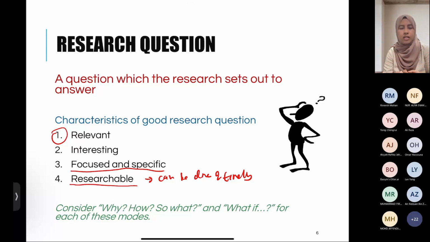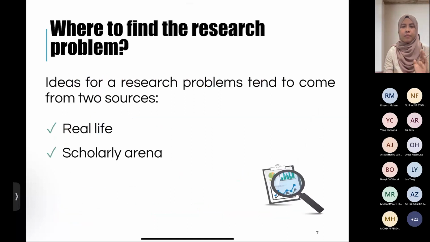Make sure that the research question is researchable, and also timely. Consider also why, how, so what with this, and what if this thing is changing. You need to be able to justify that whatever you are doing later on is worth being done. So that's why the researchable part needs to show that it can be done, and it can be done within the time frame. Right. Okay.